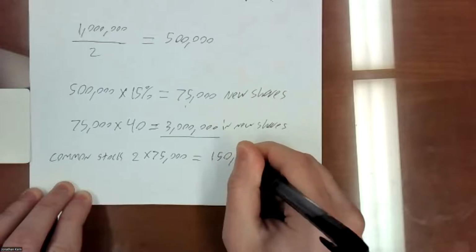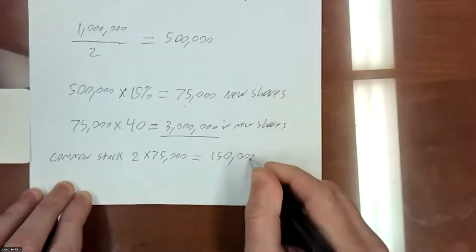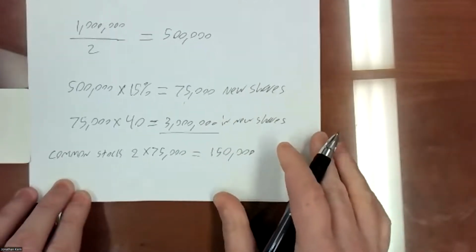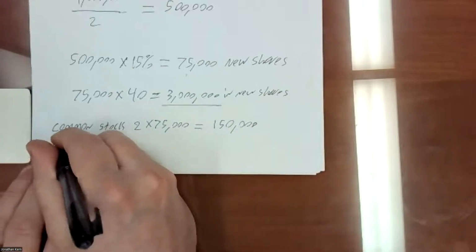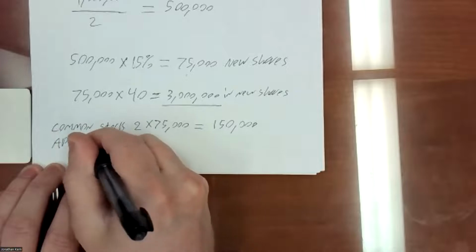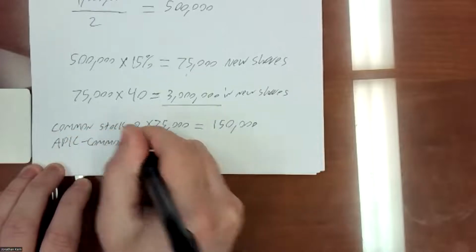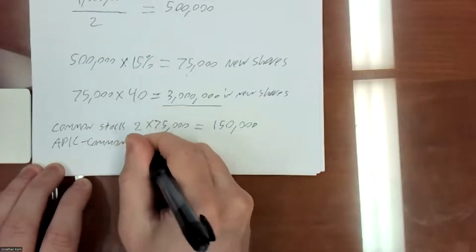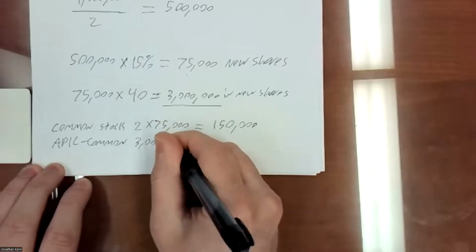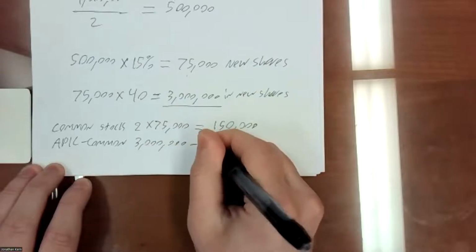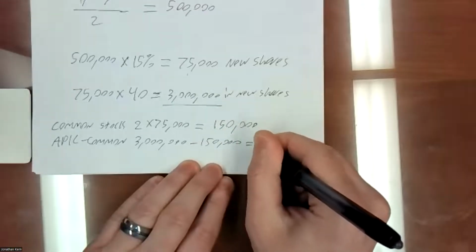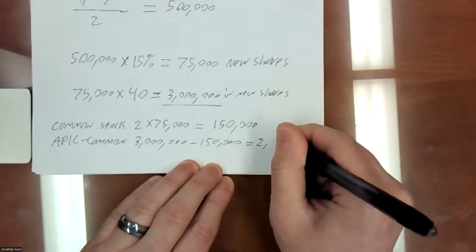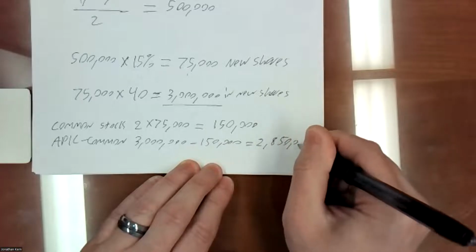We'll put $150,000 into the common stock account. The remainder we'll put into APIC common. So 3 million minus 150,000 gives us $2,850,000.